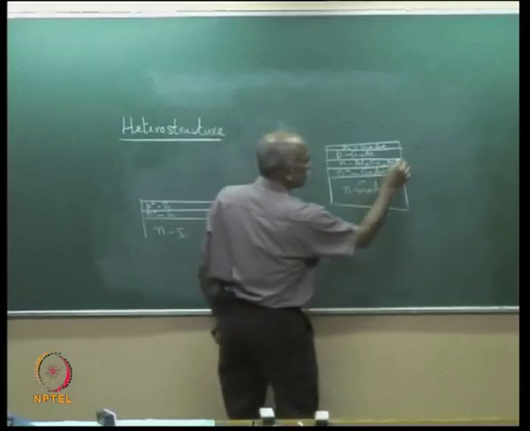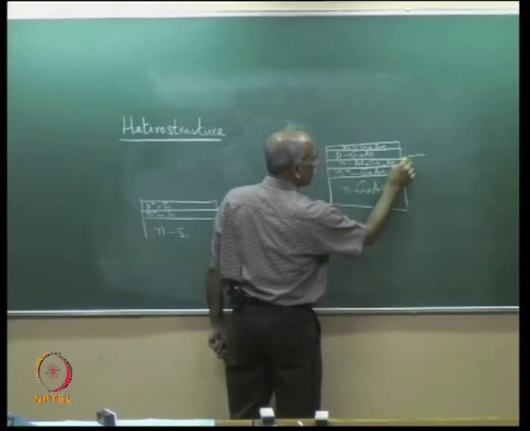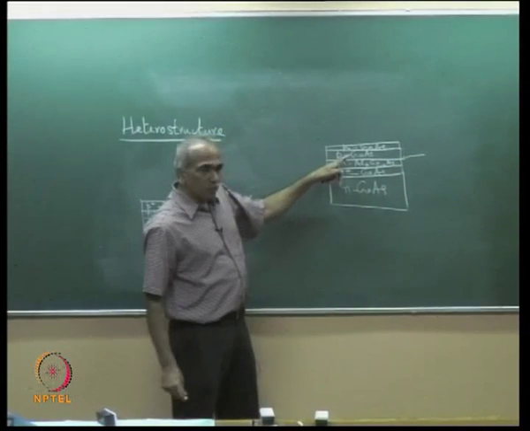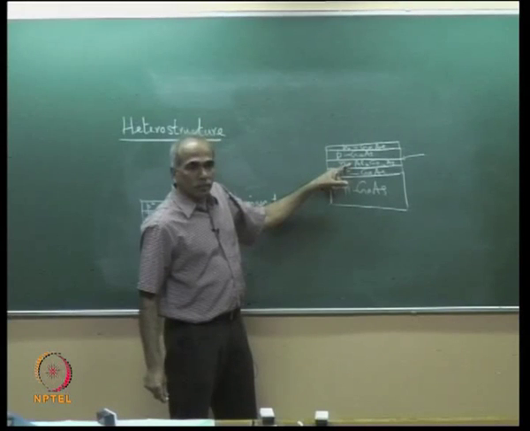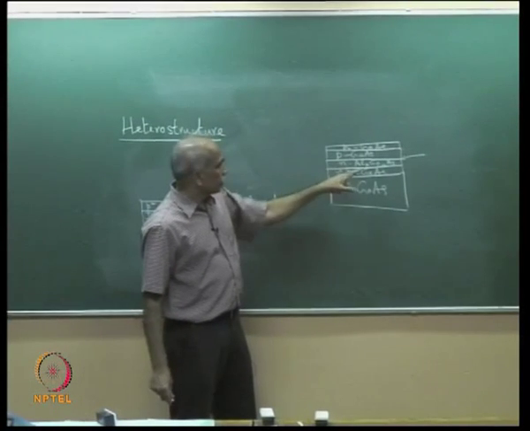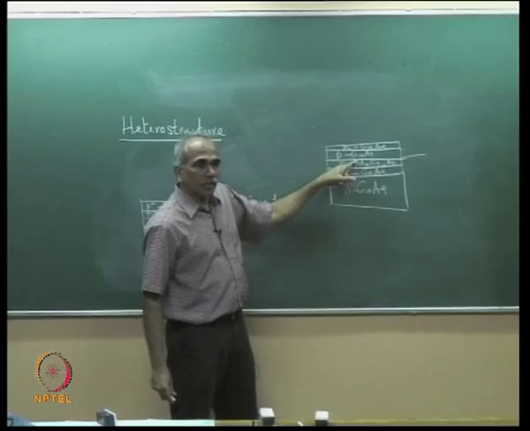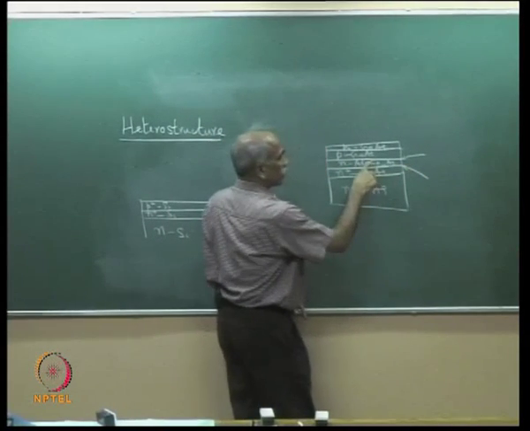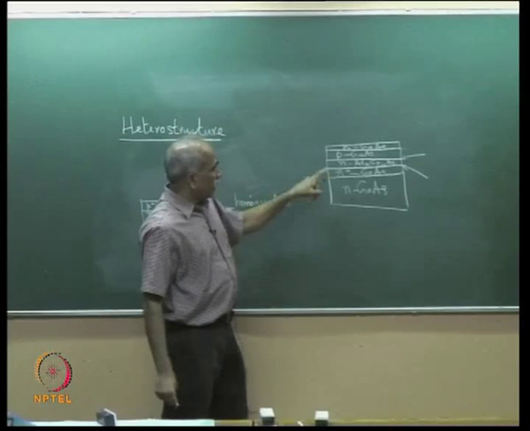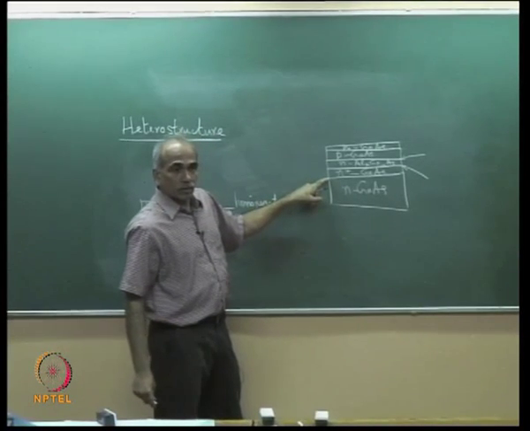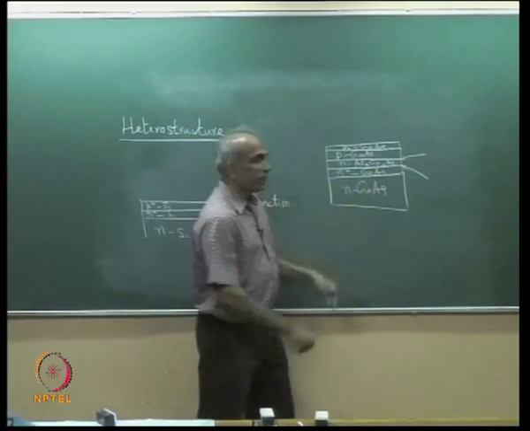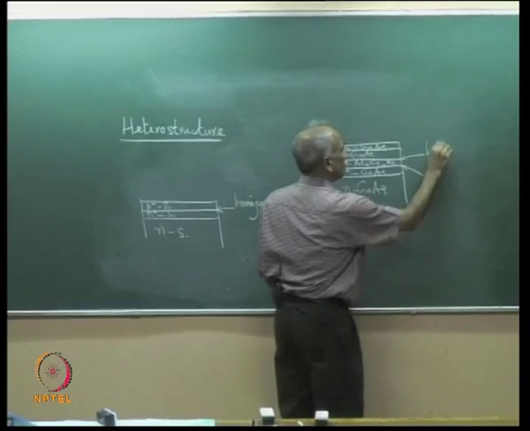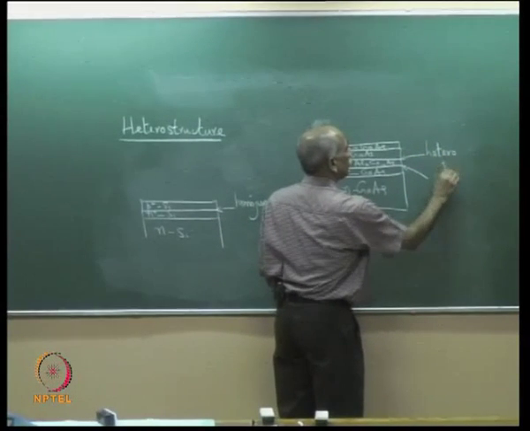Then I have, see this junction. It is a junction between gallium arsenide and aluminum gallium arsenide. It is a PN junction between gallium arsenide and aluminum gallium arsenide. This is a junction between aluminum gallium arsenide and gallium arsenide. The band gaps are different. So, these are two heterojunctions.